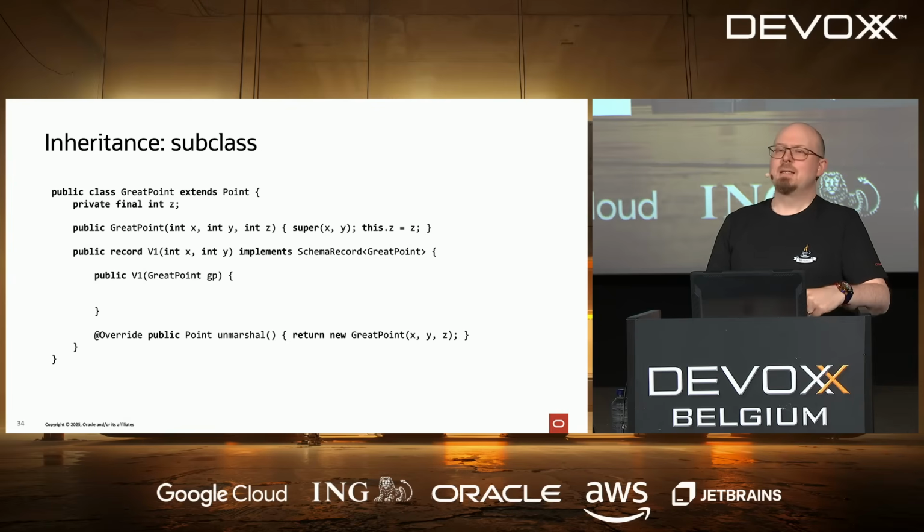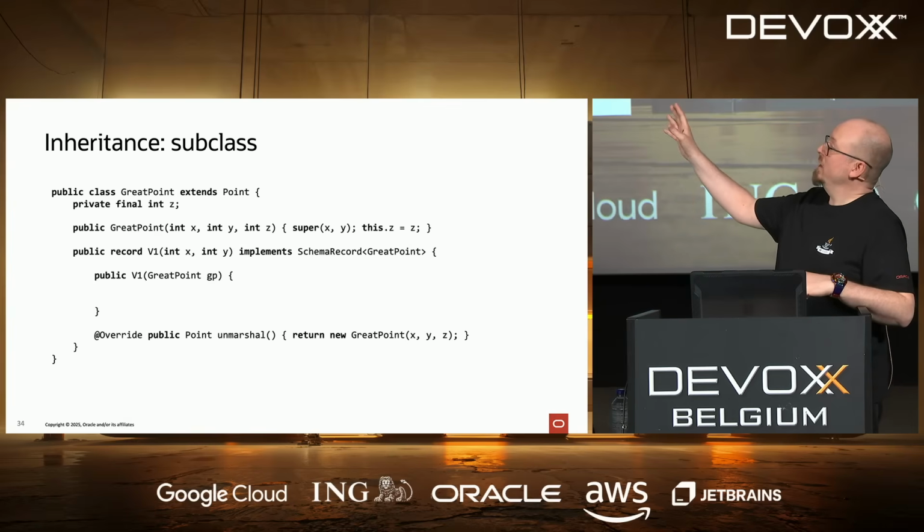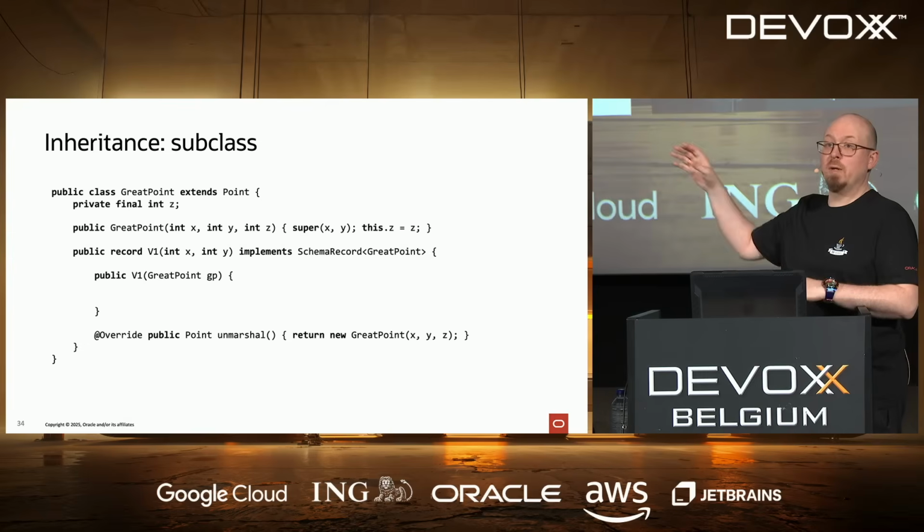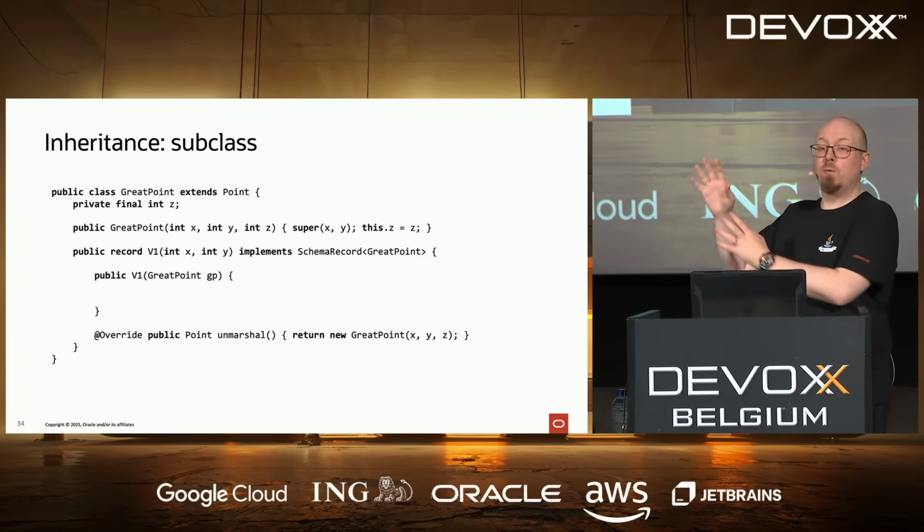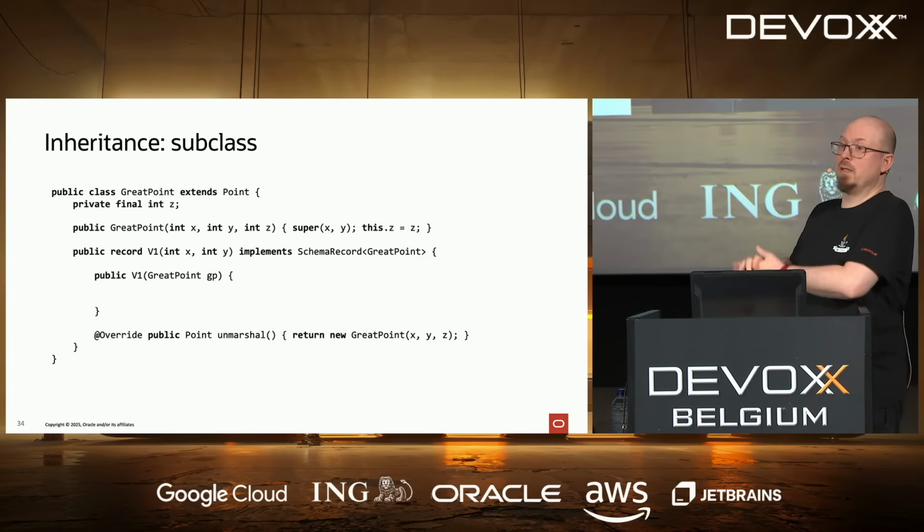So we decided that adding the 3rd coordinate there wasn't all good, so we're extending instead. So we have this great point here. And we're still defining a version 1 for great point. So we have a version 1 for point, now we want to have a version 1 for great point.